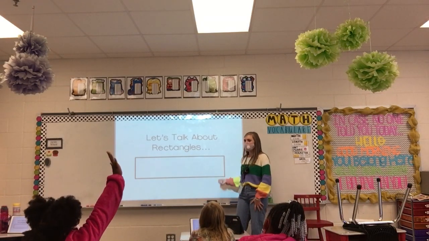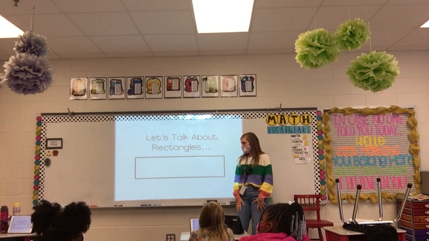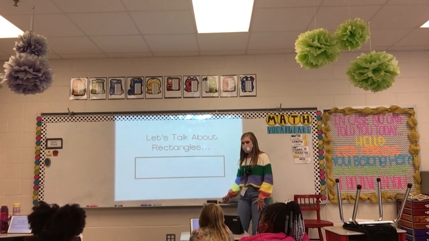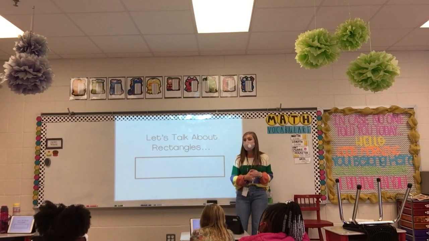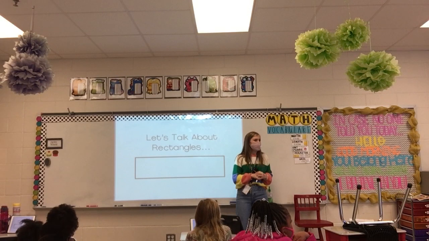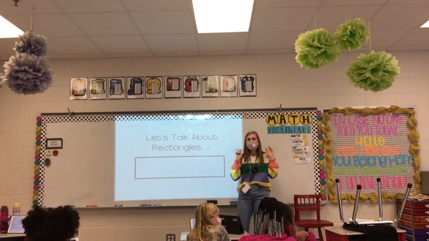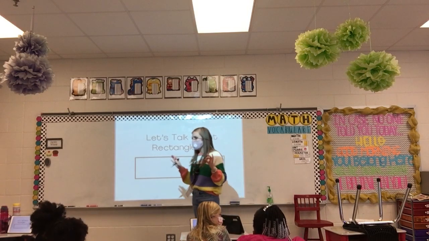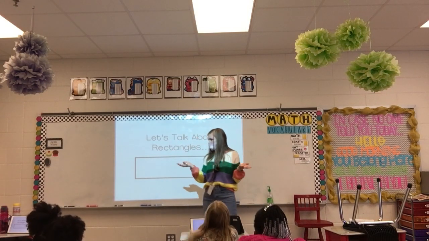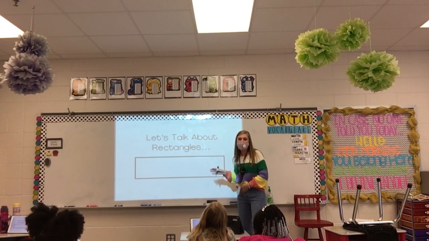Let's look at the corners here. Squares and rectangles both have four corners. Okay, we know that. But what about our corners, Emily? We're going to introduce a new vocabulary word today: angles. Have you ever heard about angles? Okay, good. We've always said corners, corners, corners.